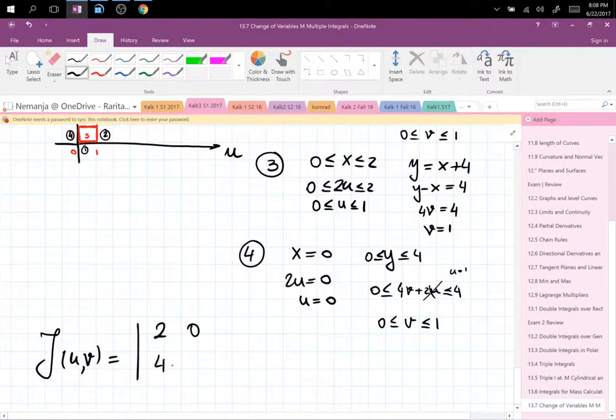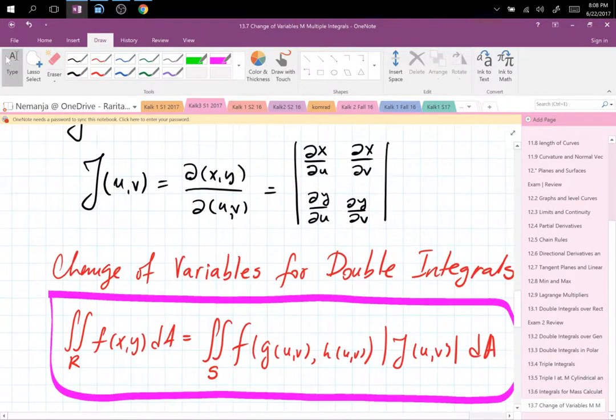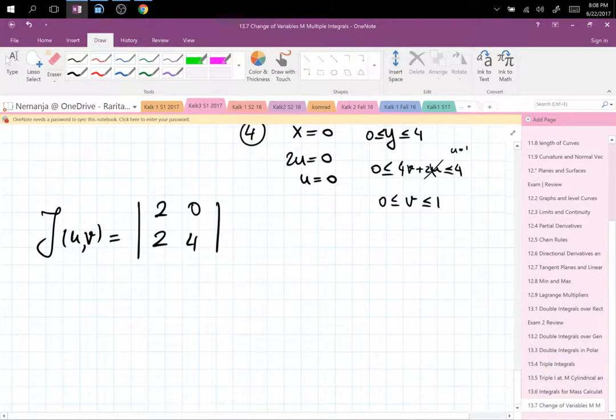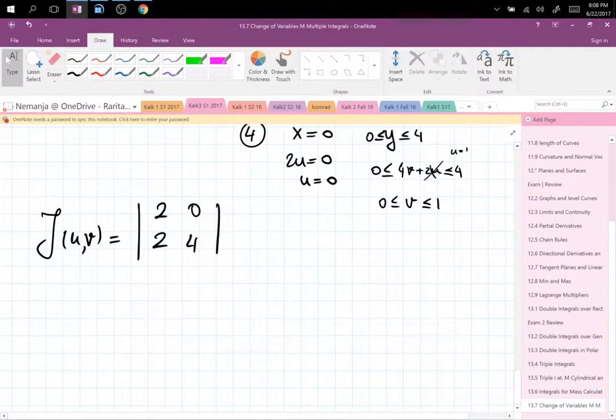No, this is 4 and this is 2, I hope. So I'm looking at the functions here on the screen. Partial x, partial u is 2. Partial x, partial v is 0 because there is no v. Partial y, partial u is 2. Partial y, partial v is 4.